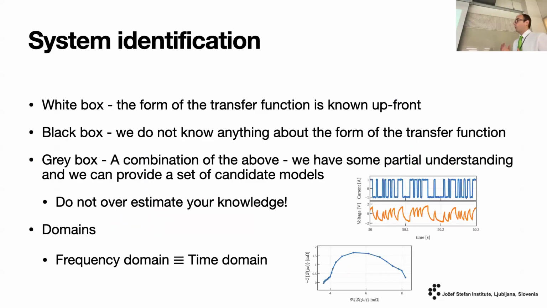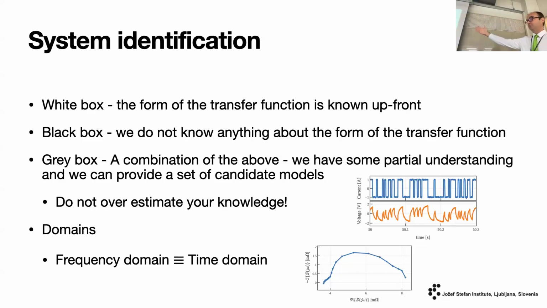So what is our goal here? We want to do system identification. We want to identify our fuel cell. And we have three main scenarios for how we can do it. We can do a white box, where we know the transfer function, which is most probably a very rare case. We have a black box, where we don't know anything, and we would like to identify it.